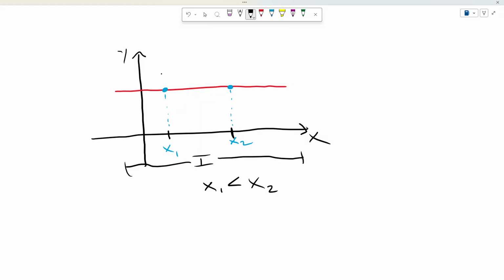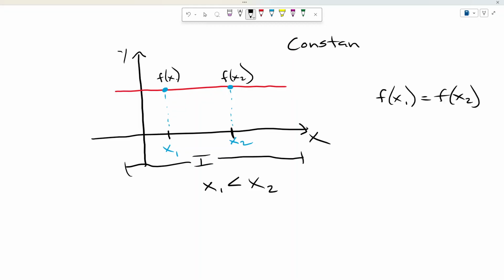And then this will be our f of x1 and f of x2. So as I'm sure you can gather with this one, again, x1 is still less than x2, but now we would say f of x1 is equal to f of x2, and if that is the case, then our function is constant.